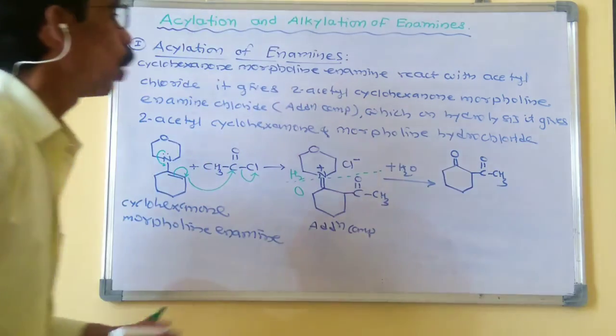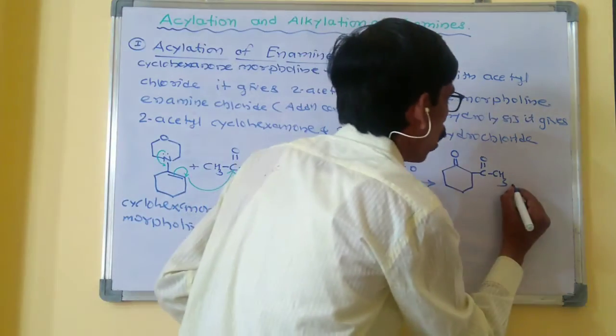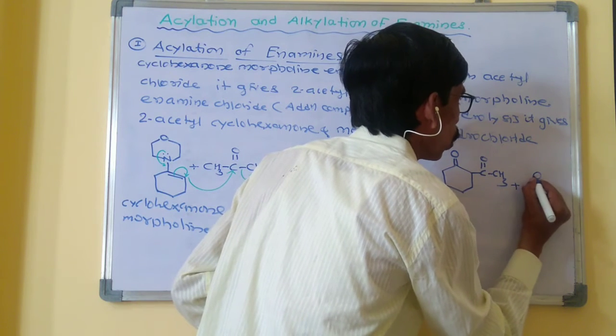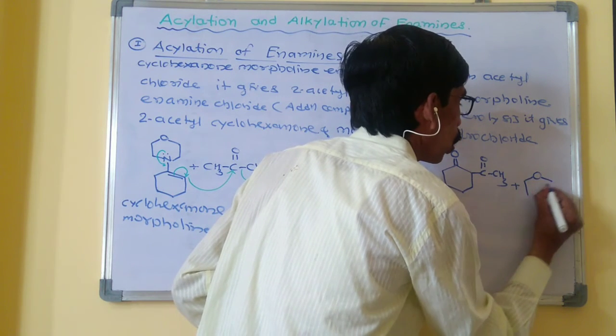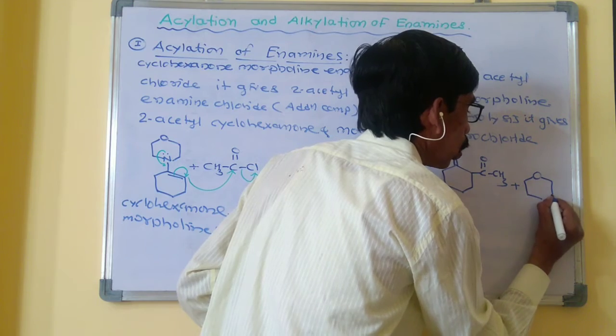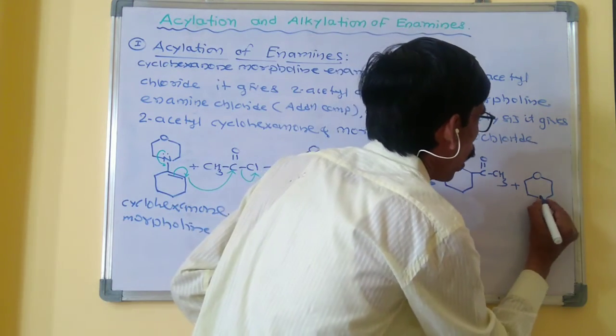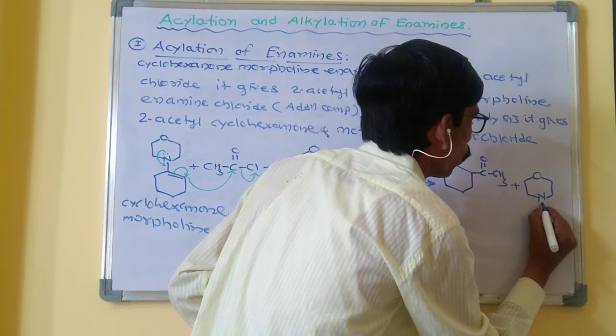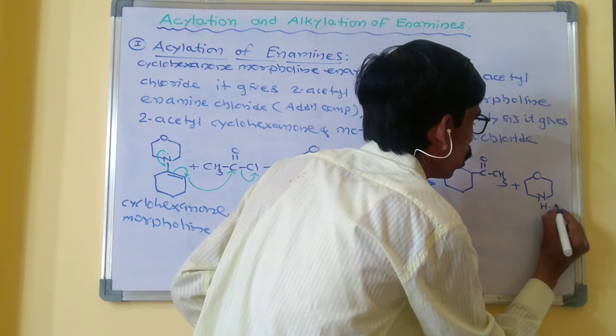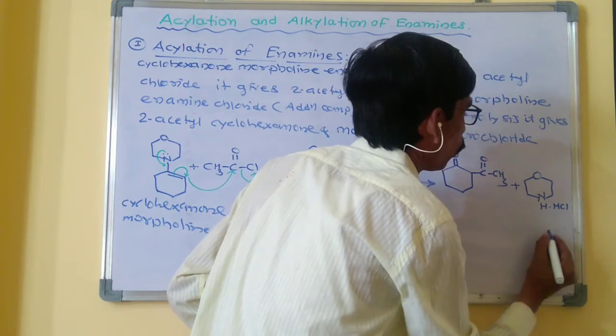This is the formula of 2-acetyl cyclohexanone plus this morpholine hydrochloride, HCl.